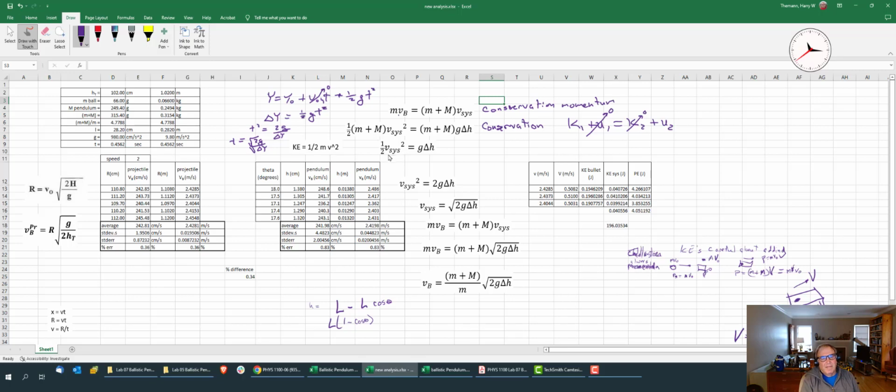So right off the bat, since m plus m is on either side of this equation, both above the dividing line if there was a fraction involved, I'm allowed to just simply cancel them out. So I'm left with v system squared equals g delta h.